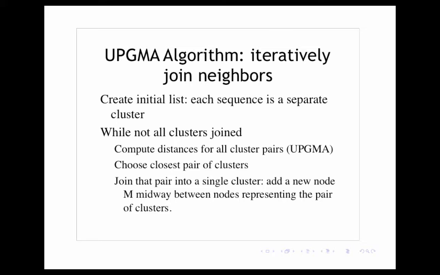So it says, while not all clusters are joined, which none of them are joined because you just started with the matrix, compute the distance for all pairs, which is already done in the first step, but you have to update it every step. And then you choose the closest pair, or if there's multiple closest pairs, just pick one. And then you join that cluster, and then update all the nodes based on the midpoint.